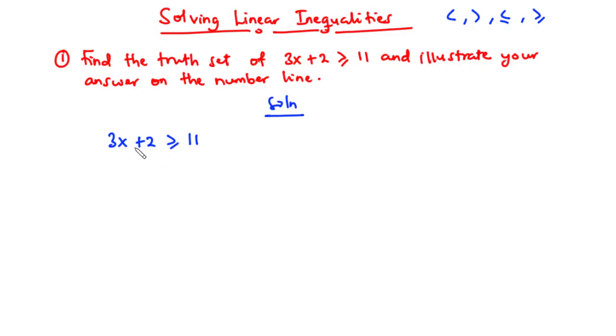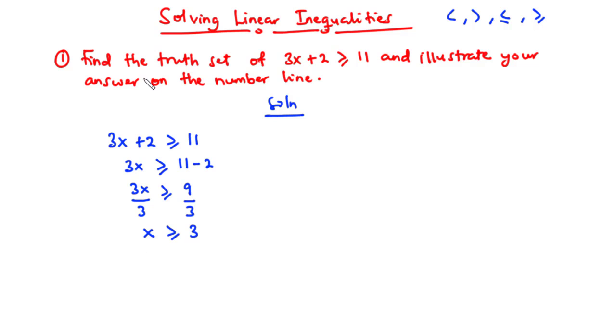We transpose 2 to the right hand side, so we have 3x is greater or equal to 11 minus 2. Then 3x is greater or equal to 9, and we divide through by 3. Then we have x is greater or equal to 3. So this is how to solve linear inequalities.